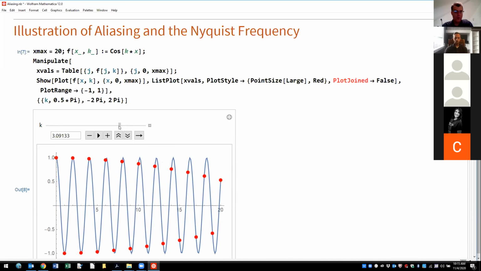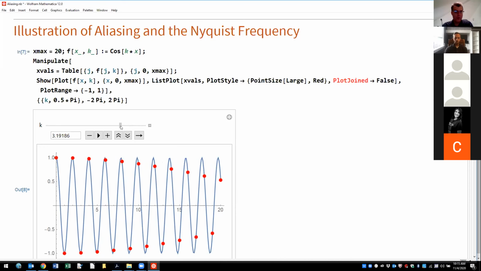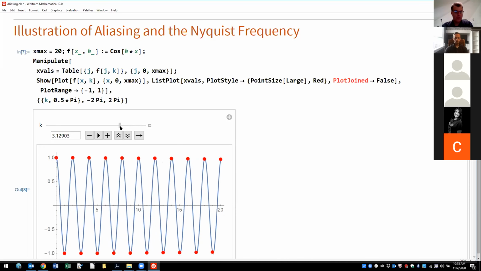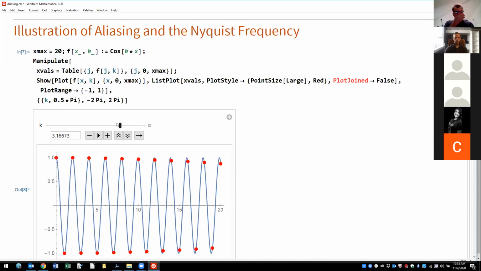Right around here at twice per cycle. So you see peak, trough, peak, trough, peak, trough. That's where you need to be. You need to be sampling at least twice a cycle.